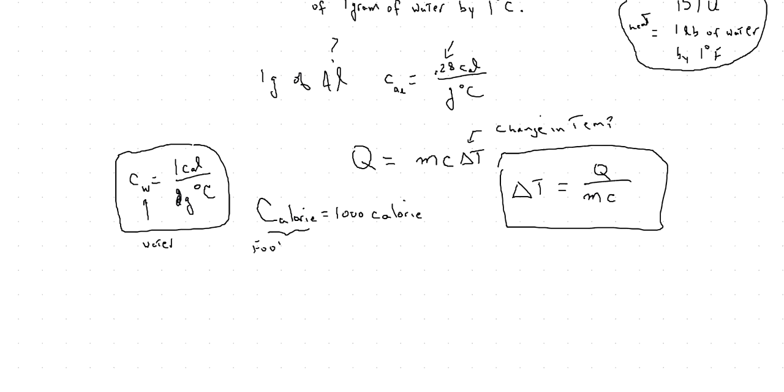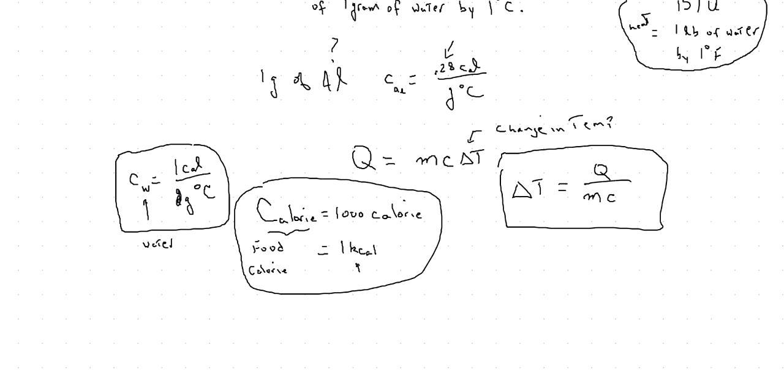So when you ask, how many calories is this peanut? This is in food calories. And so this is equal to 1,000 calories, which is 1 kilocalorie. Okay, it's 1,000 of the little calories. So just keep that in mind in case you ever get asked anything about that.